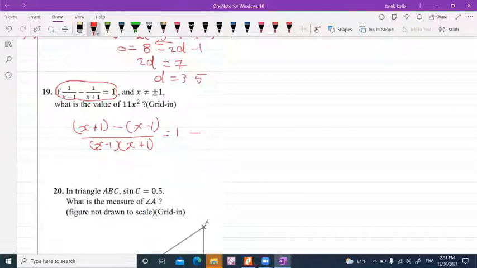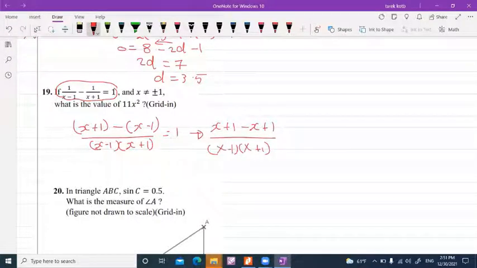That's all equals 1. Simplify this expression. Open the brackets, x plus 1, and distribute the negative. It will be negative x plus 1 over the same denominator, which is x minus 1 times x plus 1, equals 1 in the end.